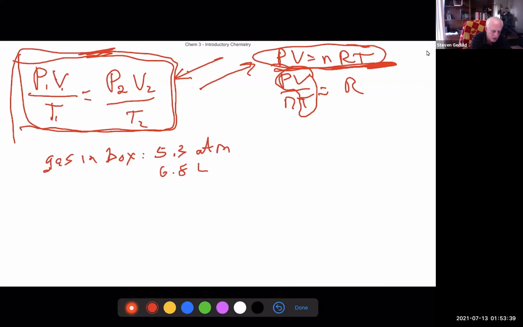And you measure the temperature of it, and the temperature is at 24 degrees centigrade. Okay, now you take that box and we increase the temperature to 29 degrees centigrade. And we're going to crank the pressure up to, say, 10.5 atmospheres.